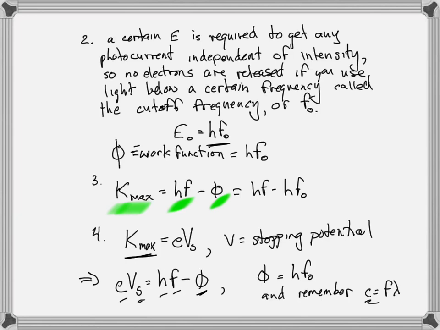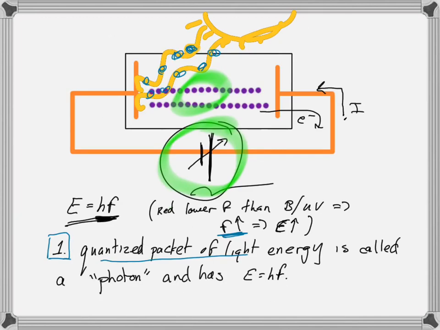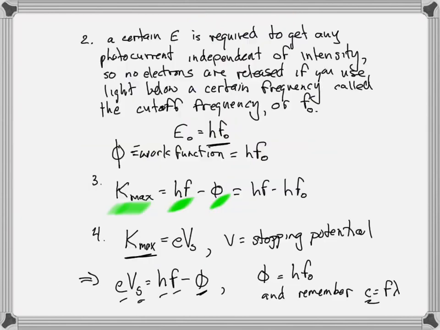But once you understand that light has energy hf, and that light comes in these photons, what happens is the more photons you get, the more electrons you get, but the higher energy photons you get, the bluer the photons, the higher energy the electrons.